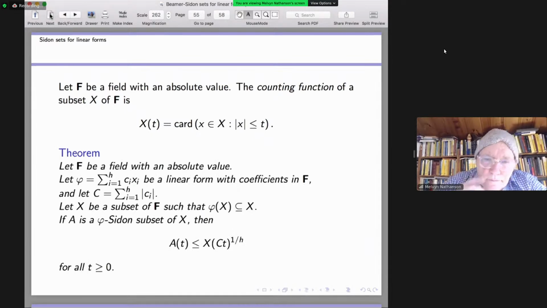And so we have exactly the bound you would expect.